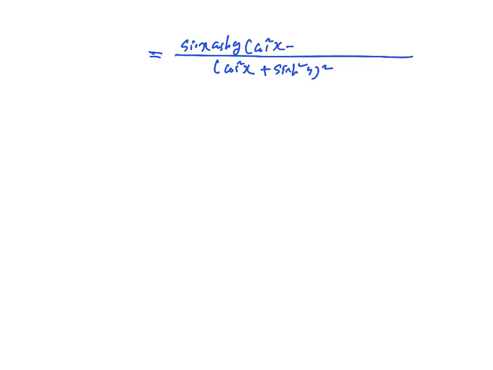So we can put together: the denominator is cosine square x plus sine hyperbolic square y squared, and the numerator is sine x cosine hyperbolic y times cosine square x minus sine hyperbolic square y.